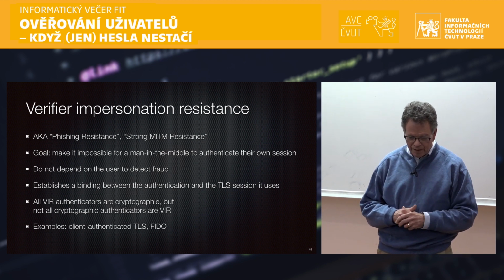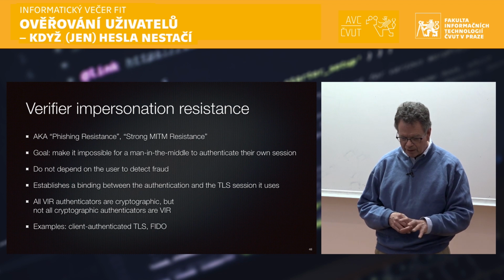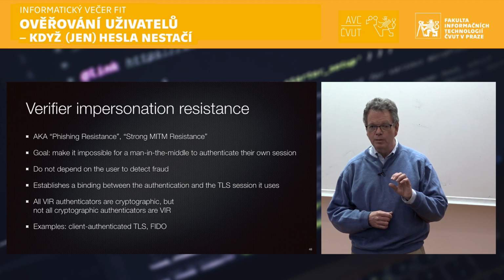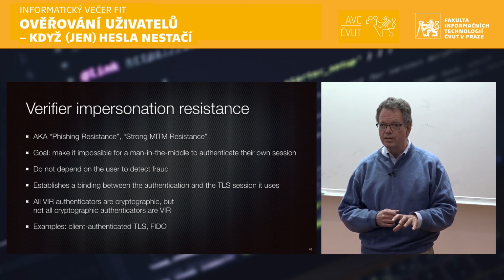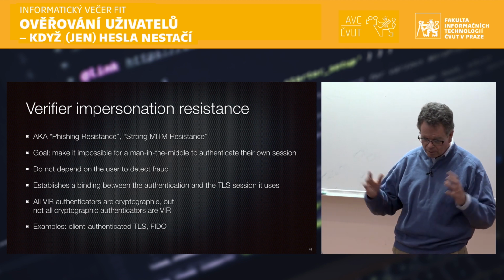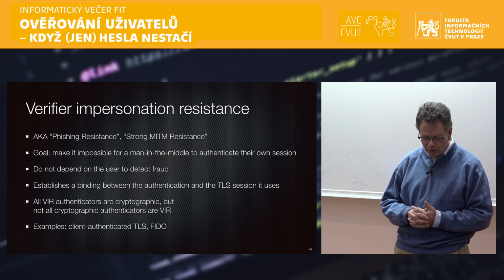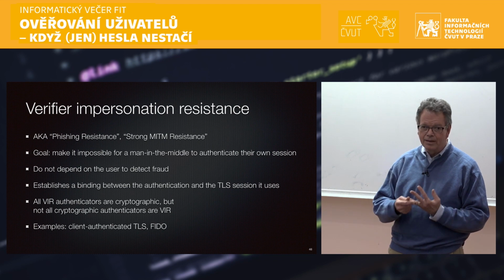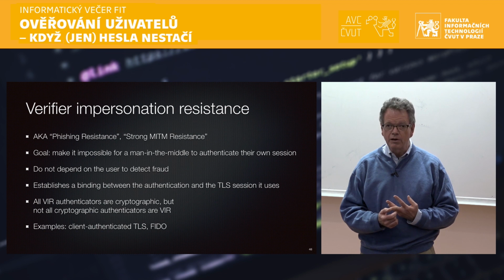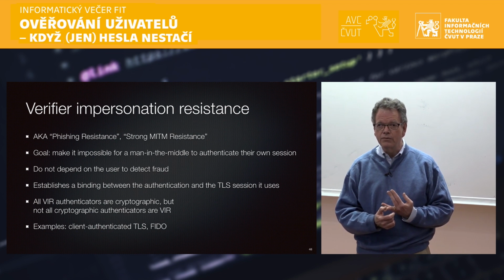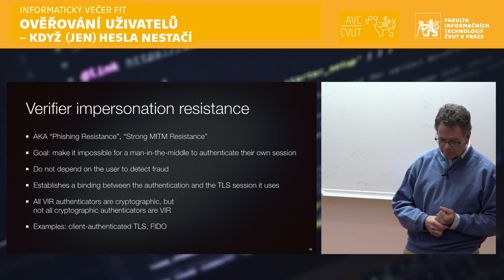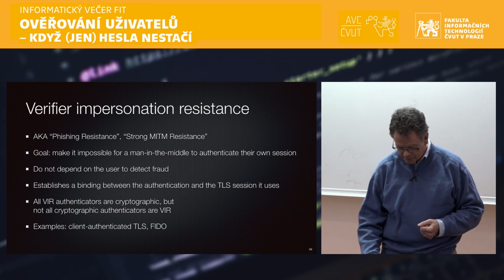If you're able to do that, then you end up with an authentication that you're pretty certain is not subject to any sort of man-in-the-middle attack, and in particular not a traditional phishing attack. So client-authenticated TLS, things like smart cards and so forth, are verifier impersonation resistant, as are FIDO authenticators. Both, of course, directly connected.